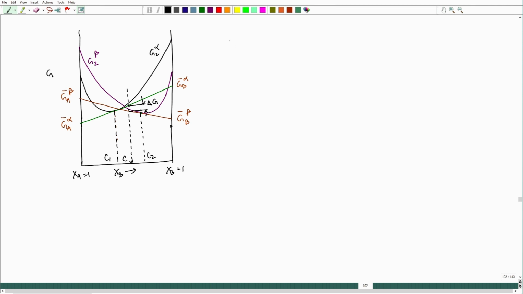So, now for alpha, I can write this G2 at composition C, starting from C1, I can write 1 minus C into G A bar alpha plus C G B bar alpha.